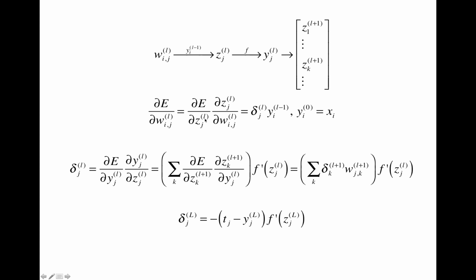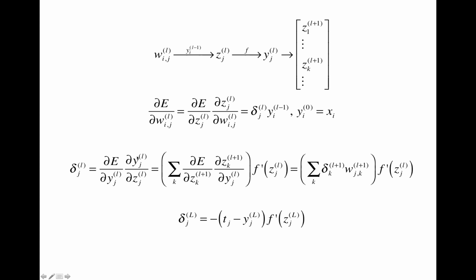So partial E partial z^L_j equals partial E partial y^L_j, and then partial y^L_j partial z^L_j. For partial y^L_j partial z^L_j, we have explicit expressions. In the sigmoid case, it just equals the output multiplied by one minus the output.